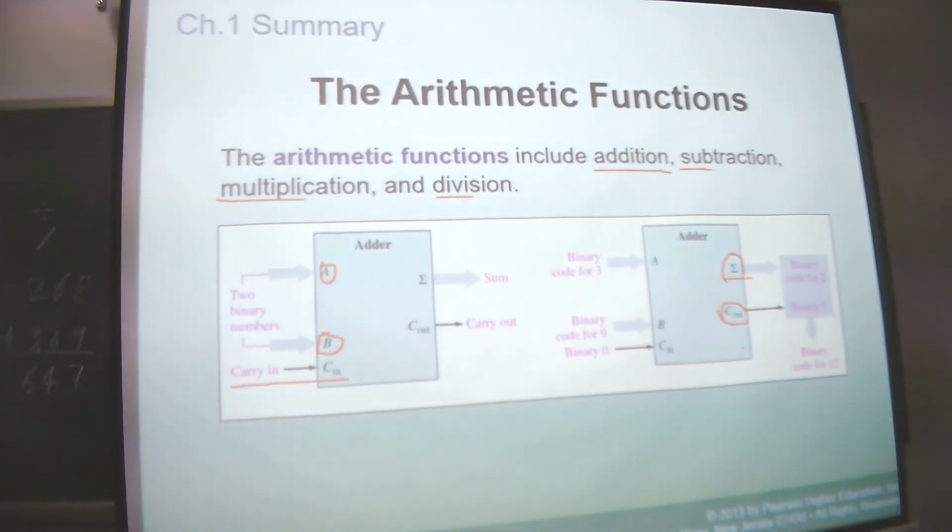Such as this one: the inputs are A and B, and this is carry in, this is the sum, and this is the carry out. Carry in, carry out.